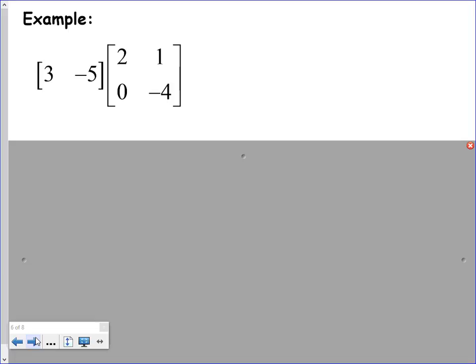Remember, some things I would do before I get started would be make sure I could multiply them. And if I could multiply them, I often like to think ahead to what order my product matrix will be. That would be helpful for you when you're doing your matrix multiplications.